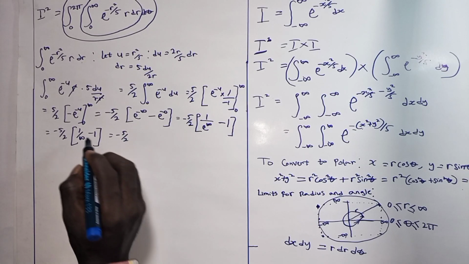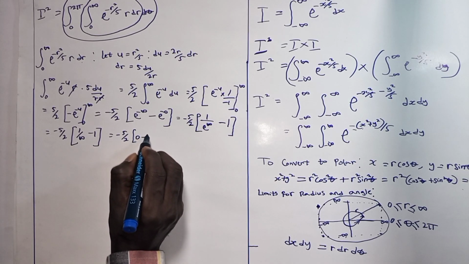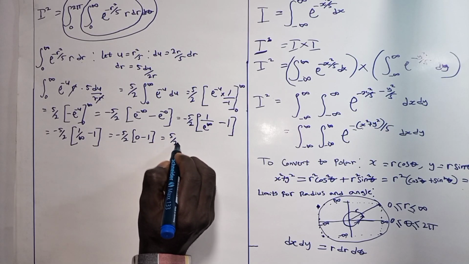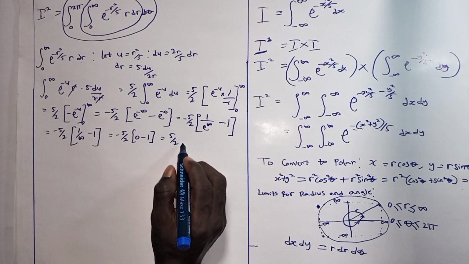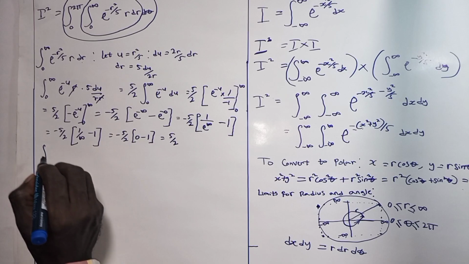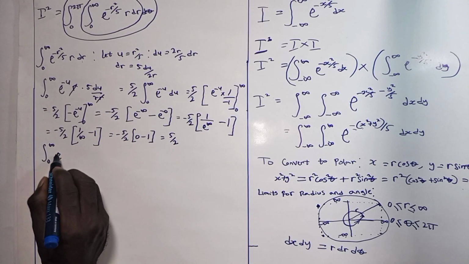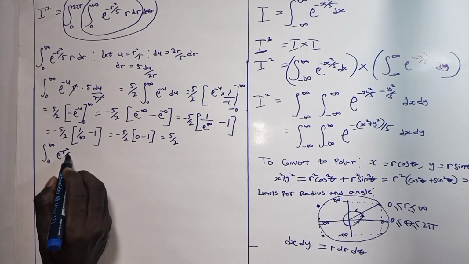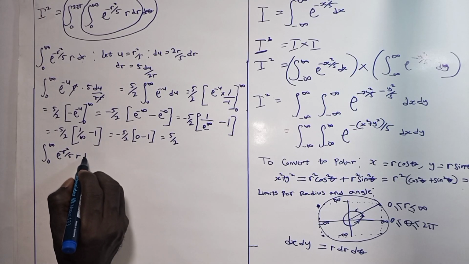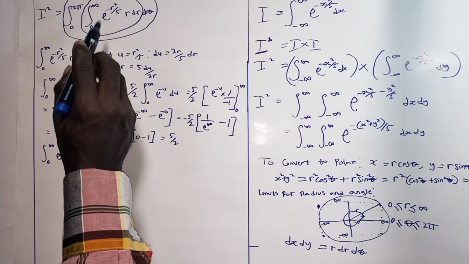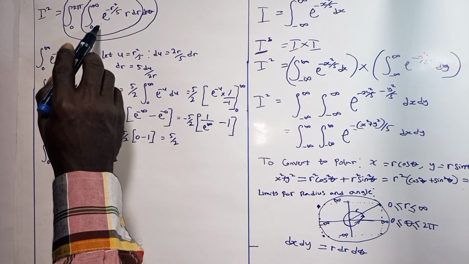Then 1 over infinity is 0. So now this gives us positive 5 over 2. So this inner integral, exponential of minus r squared over 5 times r dr, is 5 over 2. Now let's substitute it here.